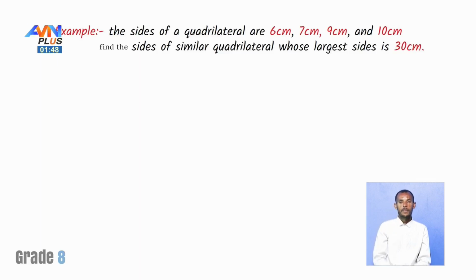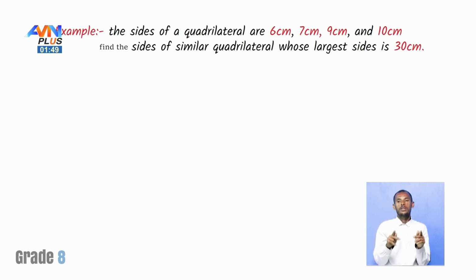Okay, the sides of a certain quadrilateral are given as 6, 7, 9, and 10 centimeter respectively. Find the sides of the similar quadrilateral whose largest side is 30 centimeter. Okay.